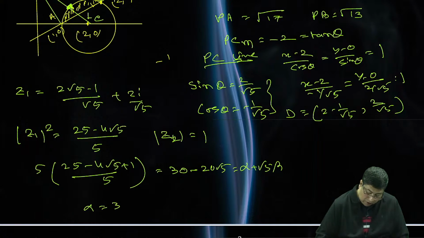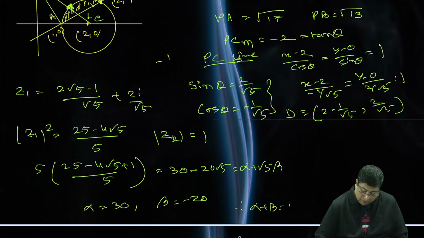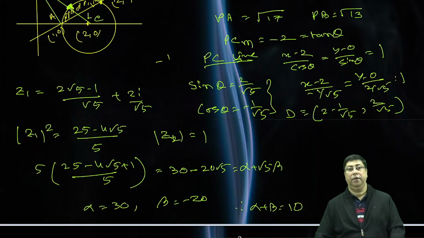So alpha equal to 30 and beta equal to minus 20. Therefore, alpha plus beta equal to 10. Let us go to the next sum.